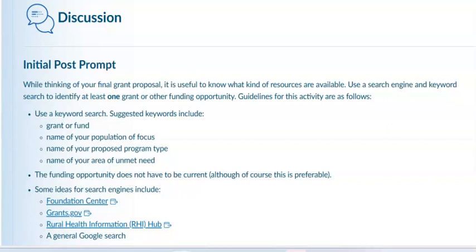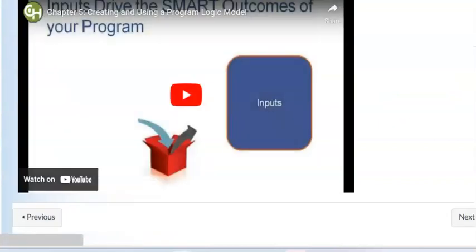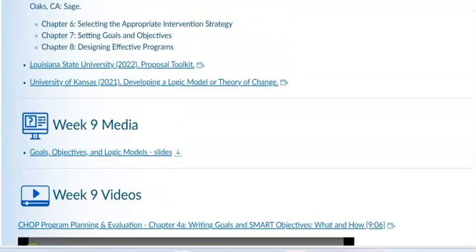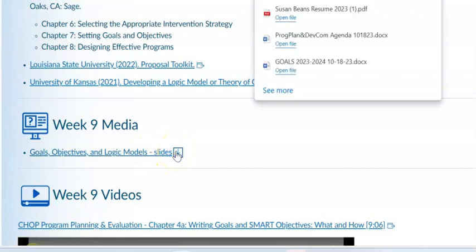Let's go back to look at the slides that have been provided for this week. And then we will also be looking at a PowerPoint that I will go over that has a little bit of the same information, but is from the text itself.